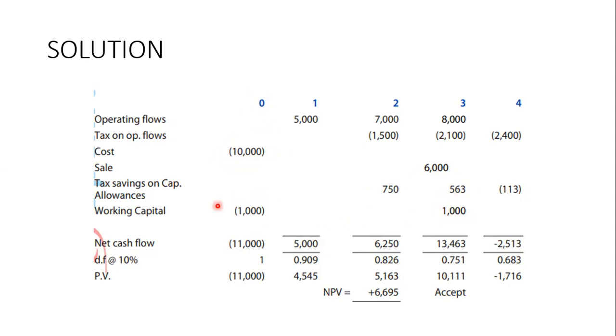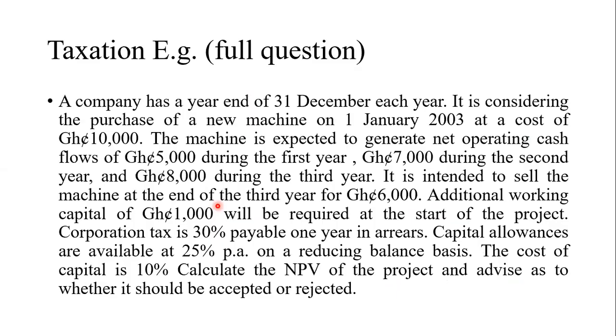And then again, there were some operating cash flows. Let's go back and look at them. The machine is expected to generate net operating cash flows of 5,000 during the first year. So net means revenue less your cost. You have 5,000, 7,000 during the second year, and 8,000 during the third year.